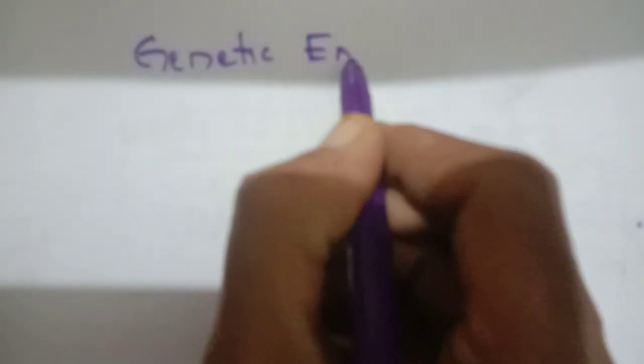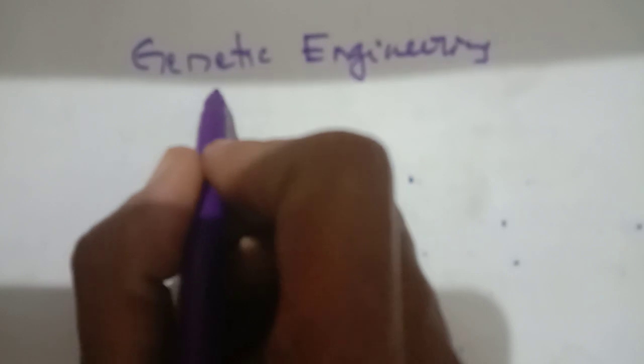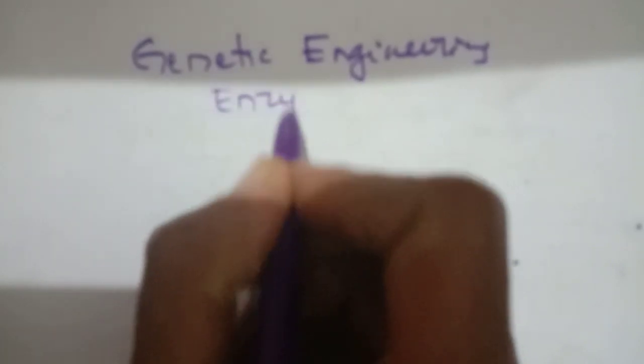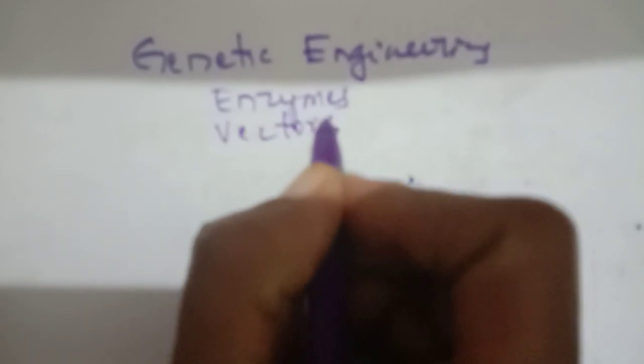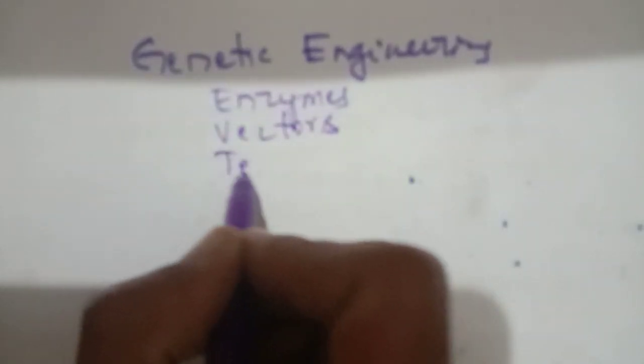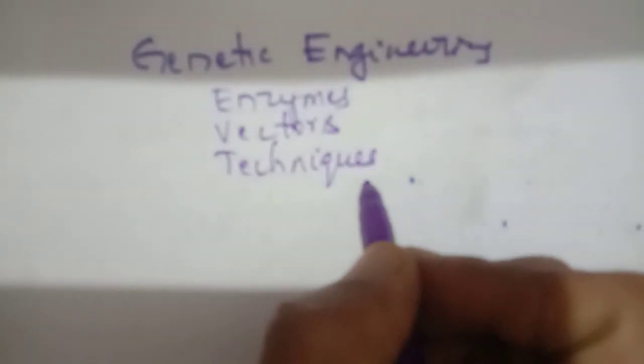Okay, this genetic engineering syllabus is divided into three components. One is the enzymes, another is the vectors, and the last one is the techniques employed in genetic engineering.